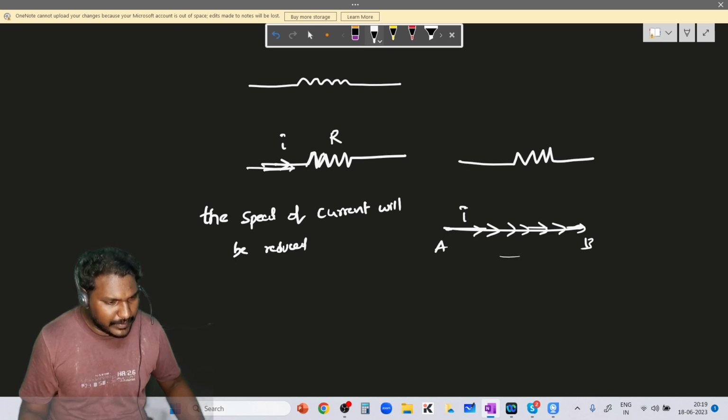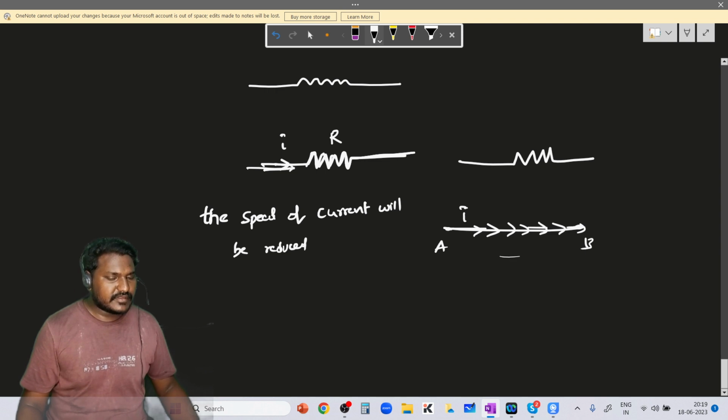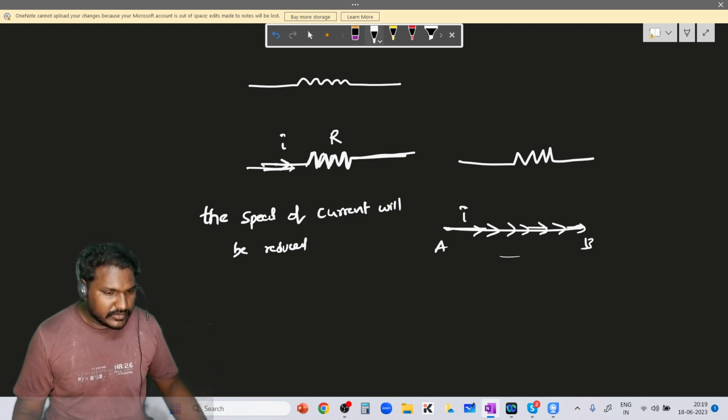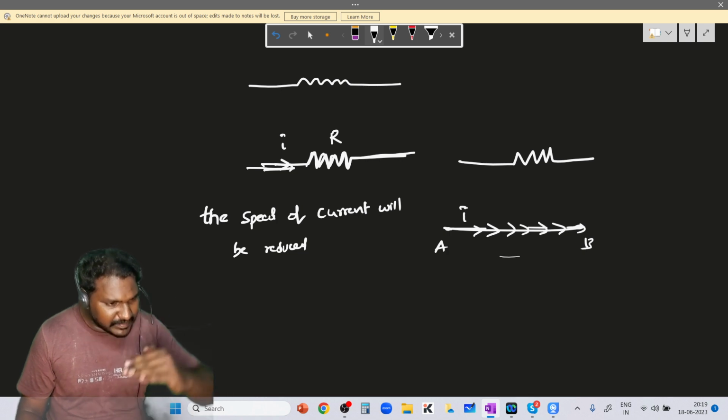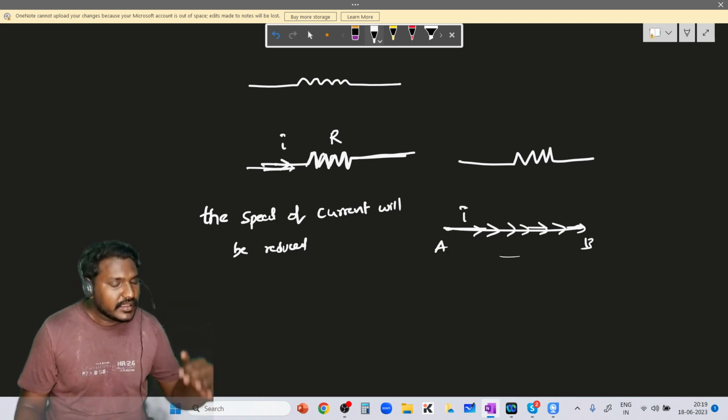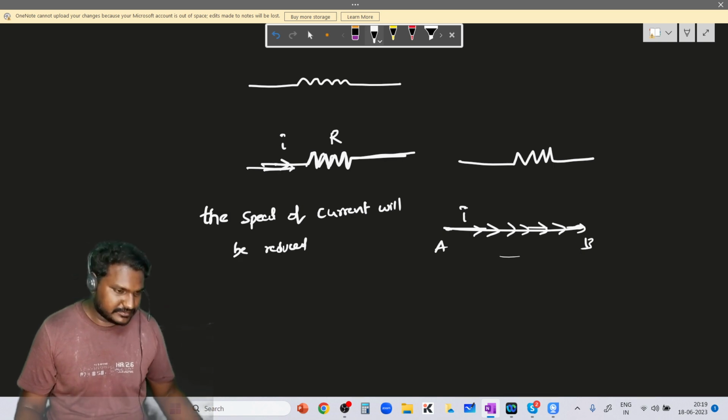It has to go up and down, up and down, then go like this. But if it is a straight line path, it will go very fast, just like the purpose for which we use speed breakers. So in the same way, the main purpose of resistance is to decrease the pace of current, to decrease the speed of current, not to decrease the value of current, but to decrease the pace of current.